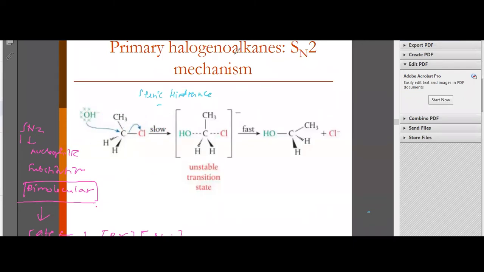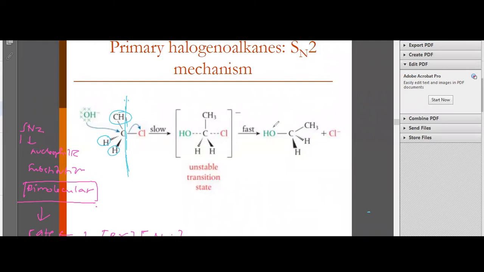Then you can see as well that the product is very interesting. Why? Because it has the inversion configuration. You can see that before, in the two-dimensional image, the CH3 is at this position, more to the left.